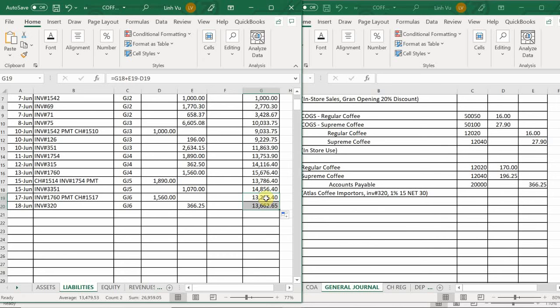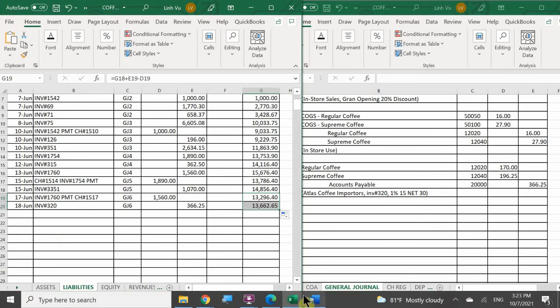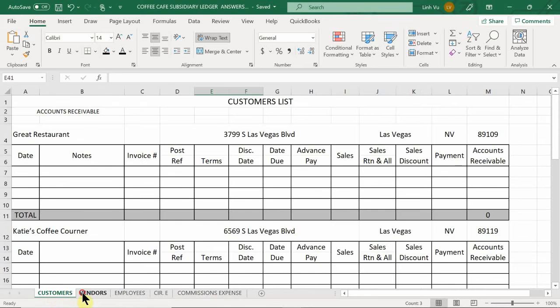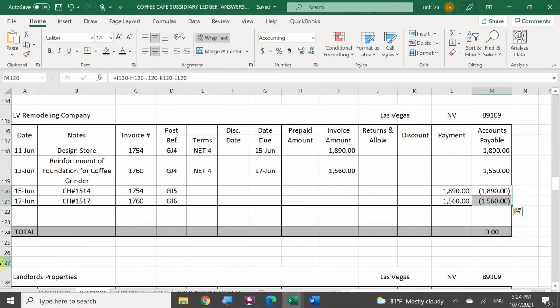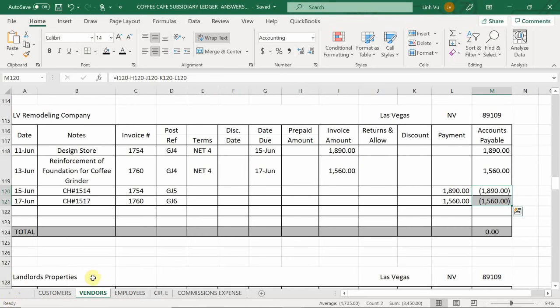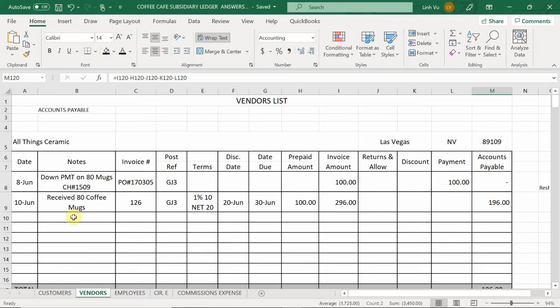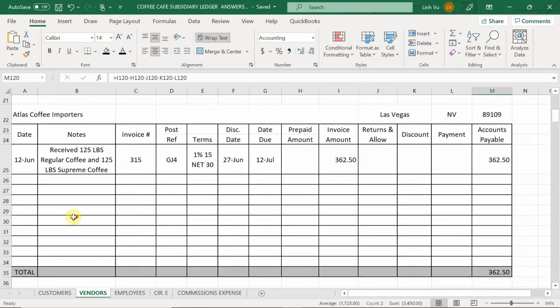Now we have to go to the subsidiary ledger. We have an account for Atlas Coffee. Let me go to vendors. Atlas Coffee.